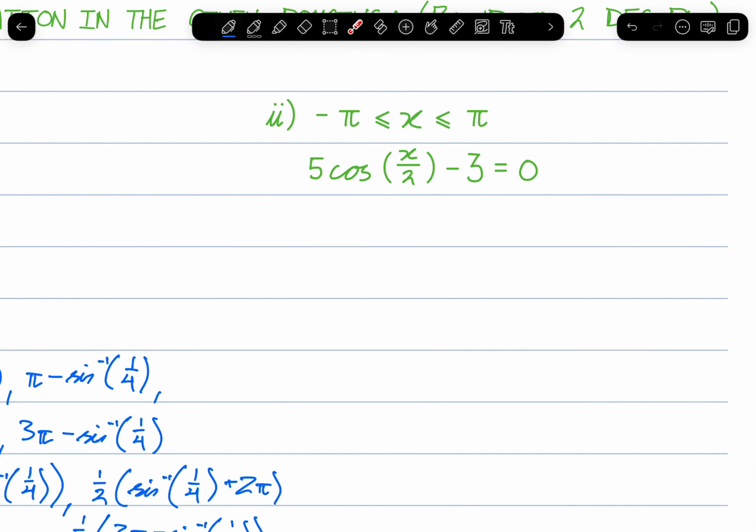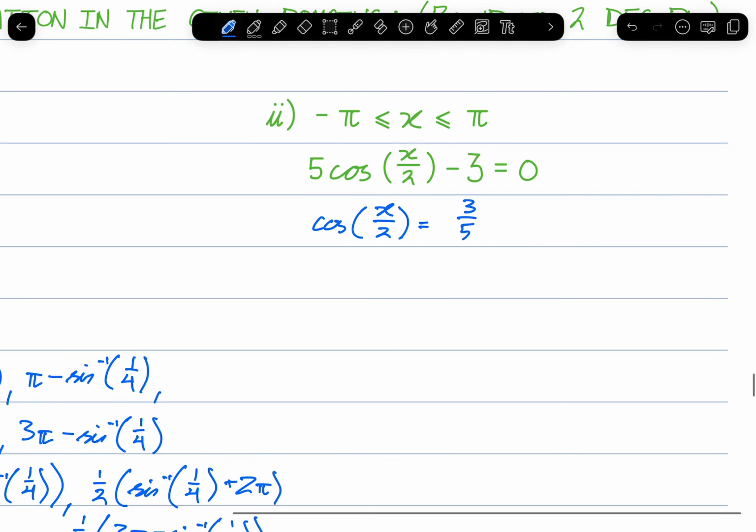Okay, so from this one, again, moving the 3, dividing by 5, we get cos of x on 2 equals 3/5. The domain that I'm checking in now is going to halve these two.